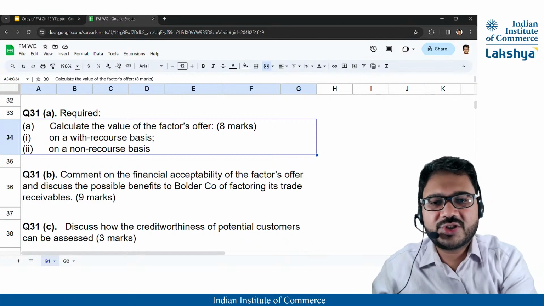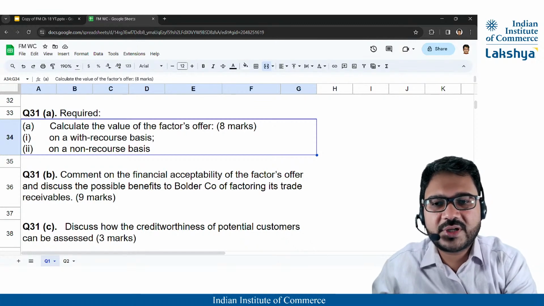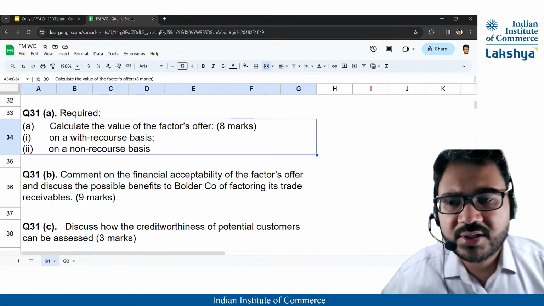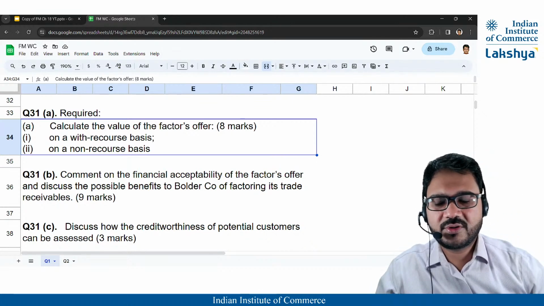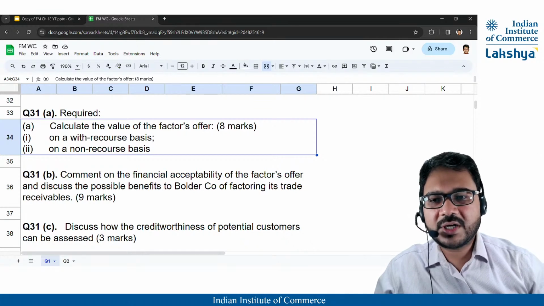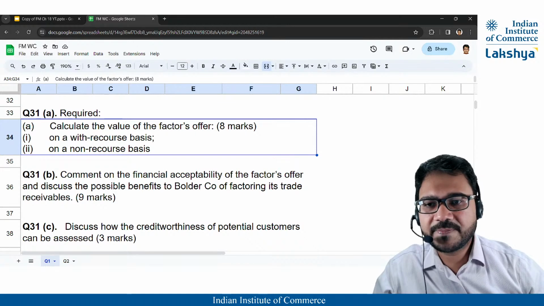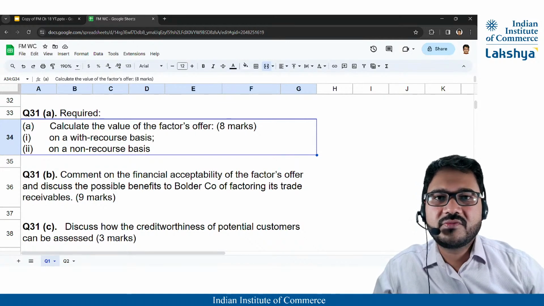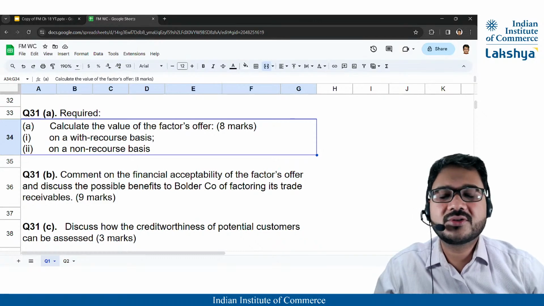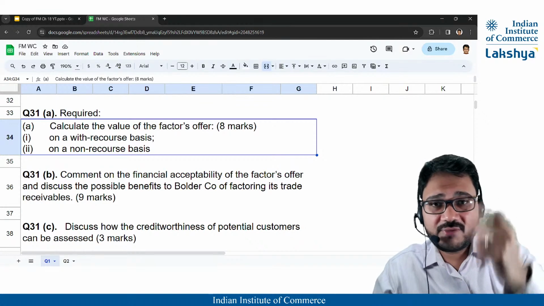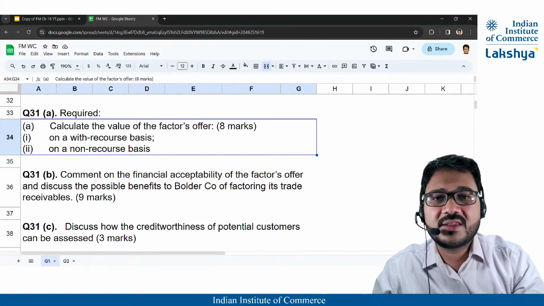Comment on the financial acceptability of the factor's offer and discuss the possible benefits to Boulder Company of factoring its trade receivables. So for 9 marks, they are asking us whether we should accept the factor's offer, and we also need to highlight all the benefits of it. Now remember, on day one, I gave you a format for how to write these.